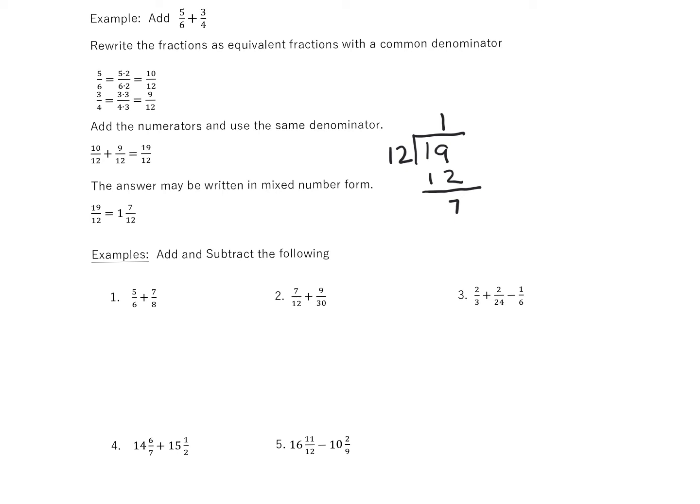So that means our 1 is our whole number, our remainder is our numerator, and we keep 12 as the denominator. So if you would like to write this answer in a mixed number form, you get 1 and 7/12. And this is how we did that.